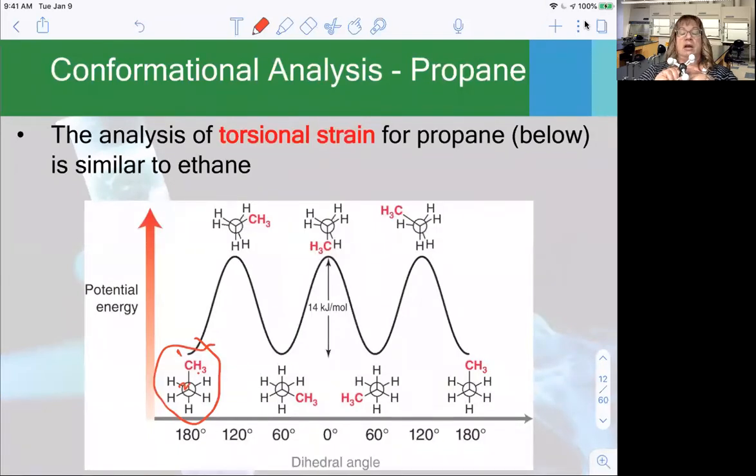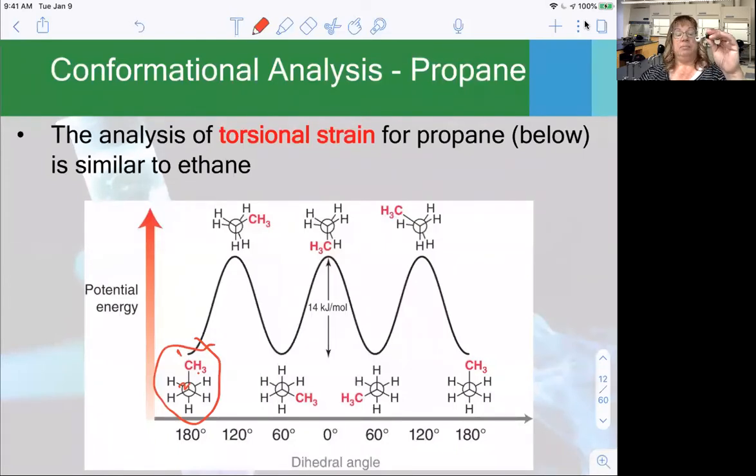On the back carbon, I have 2 hydrogens back here, and they are staggered with the methyl. So this methyl is pointing up, then this hydrogen is pointing down. That's where my dihedral angle between the methyl and the hydrogen is 180 degrees.